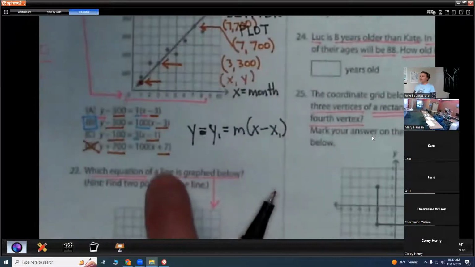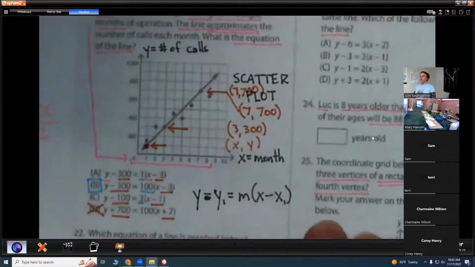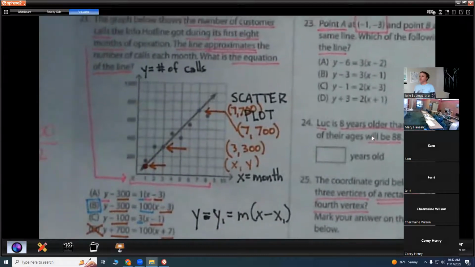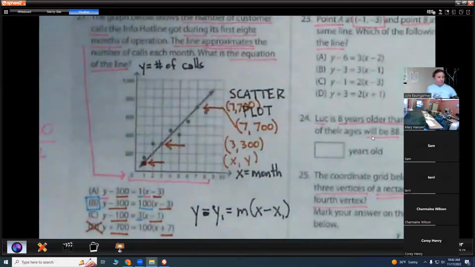And I would always say, if you get confused, your fallback position is always to substitute points into the equation and see if it makes it true. Because you can actually solve this problem without doing any high-powered algebra. If I know an X, I know a Y, I can put it in the equation. If it makes it true, the point is on the line. If it's false, the point is not on the line. So if you get confused, always fall back to that position.